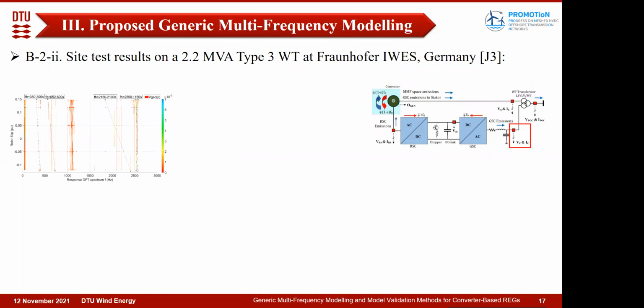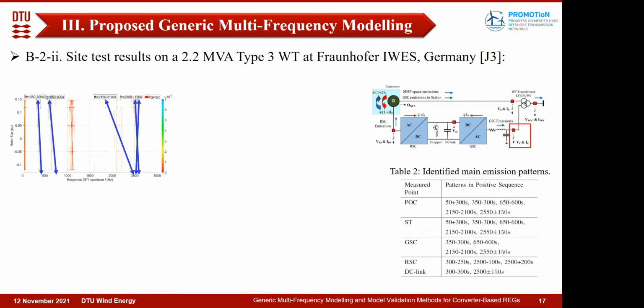For example, at the grid side converter measurement, we see these lines that can be accurately detected here. These different lines are the sign of the dependency of the output frequencies or emissions on the rotor speed.